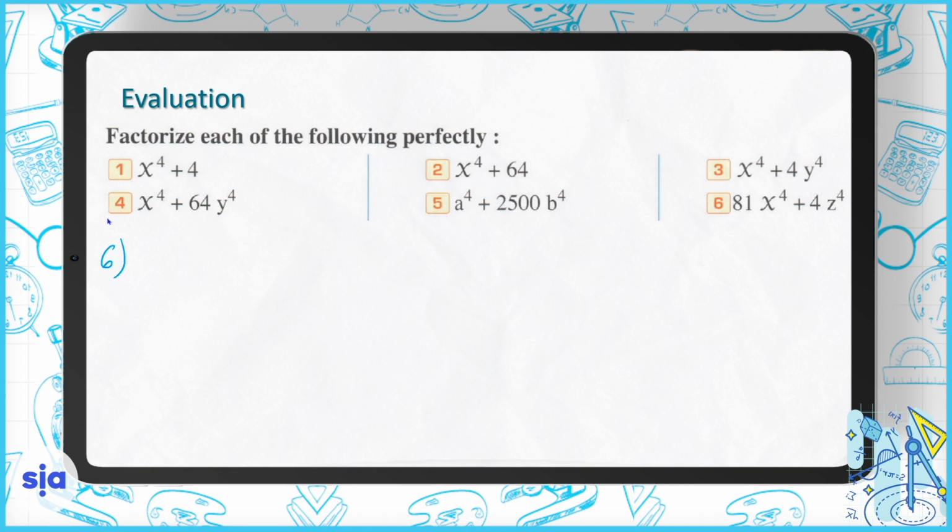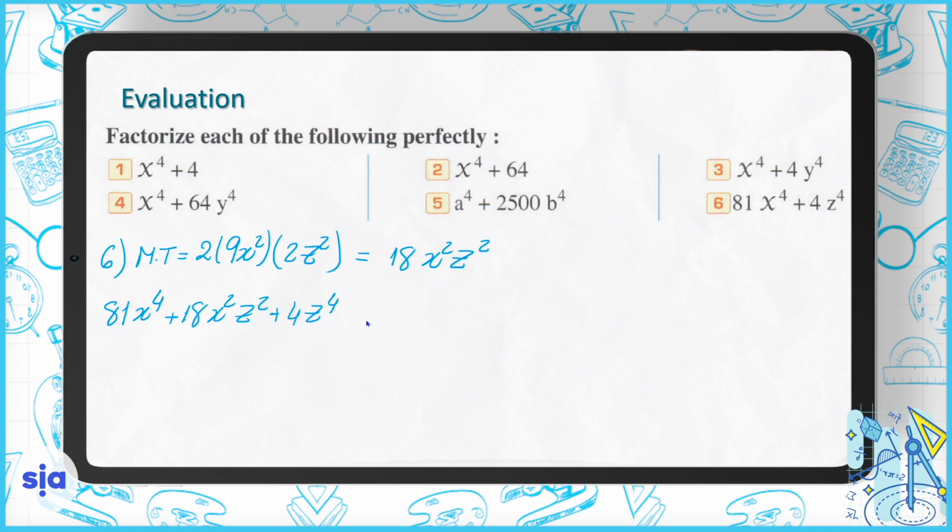Question 6. The middle term is 2 times 9x squared times 2z squared. So the middle term is 36x squared z squared. We're now going to add the middle term and then subtract it.